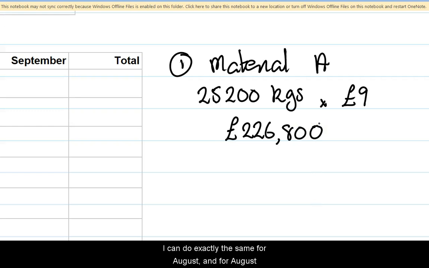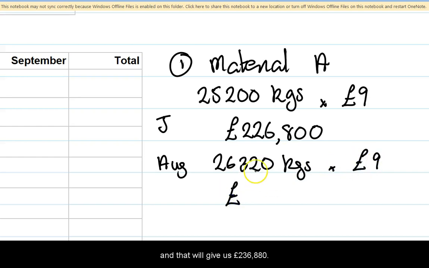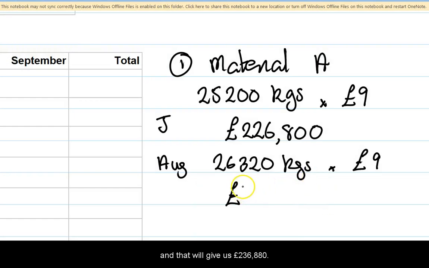We can do exactly the same for August. For August, we'll take 26,320 kilos times 9, and that will give us £236,880.